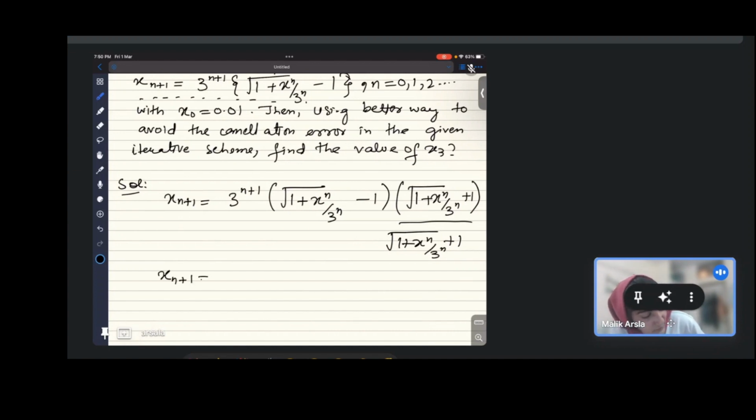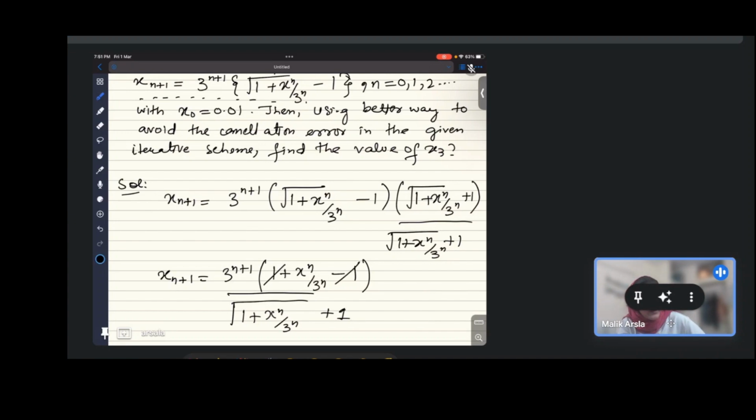So this thing will change to what? 3^(n+1), and this will be a squared minus b squared. So a squared is 1 plus xn upon 3^n, and what is b squared? It's 1. And the whole divided by the square root of 1 plus xn upon 3^n, plus 1.